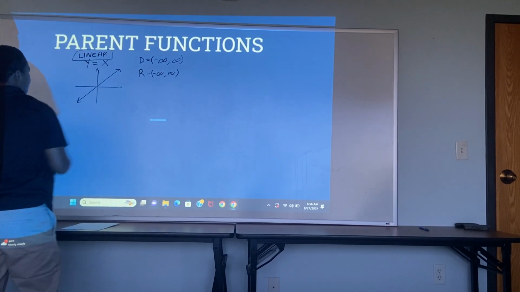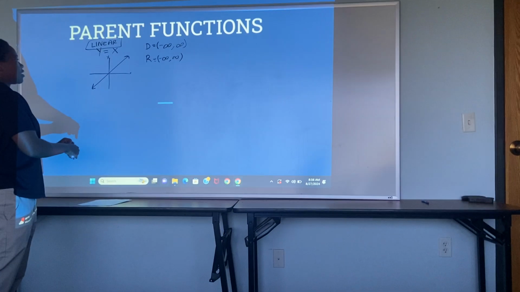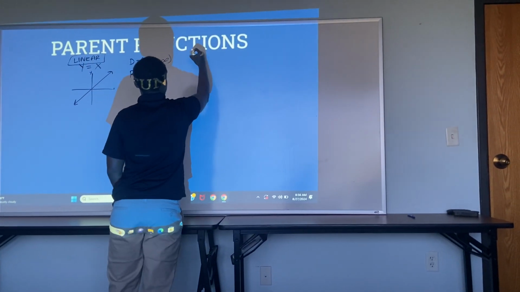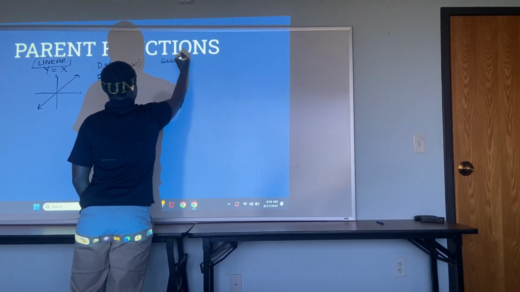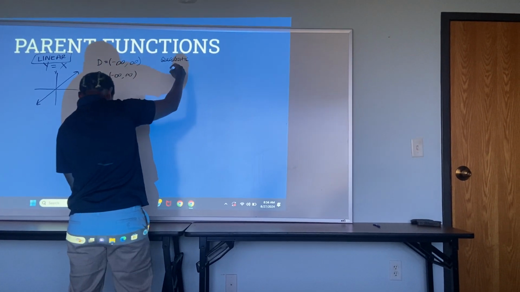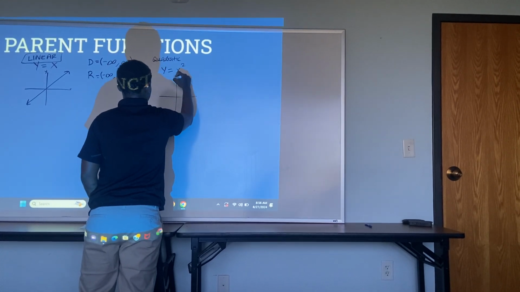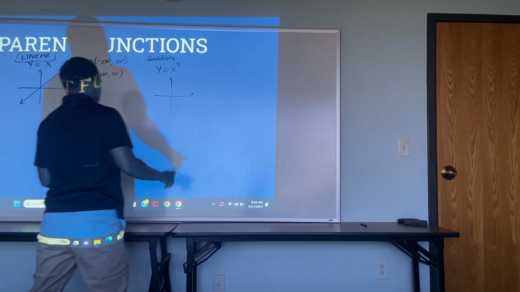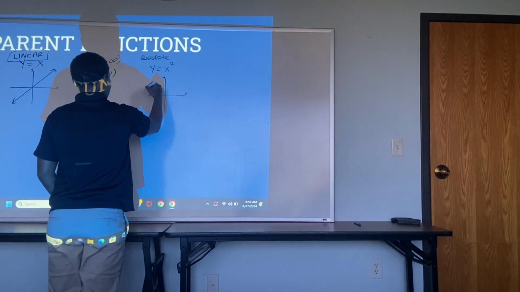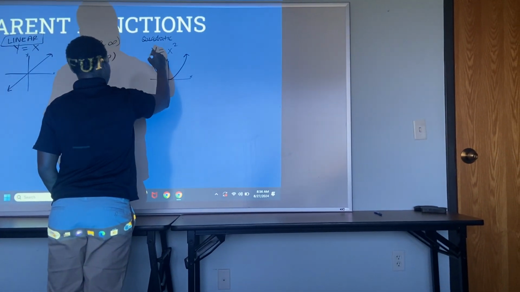Okay? Alright, so next we will talk about a quadratic function. Y equals x squared. Again, you got your y-axis, your x-axis, and the basic parent graph of this type of function will look like this.